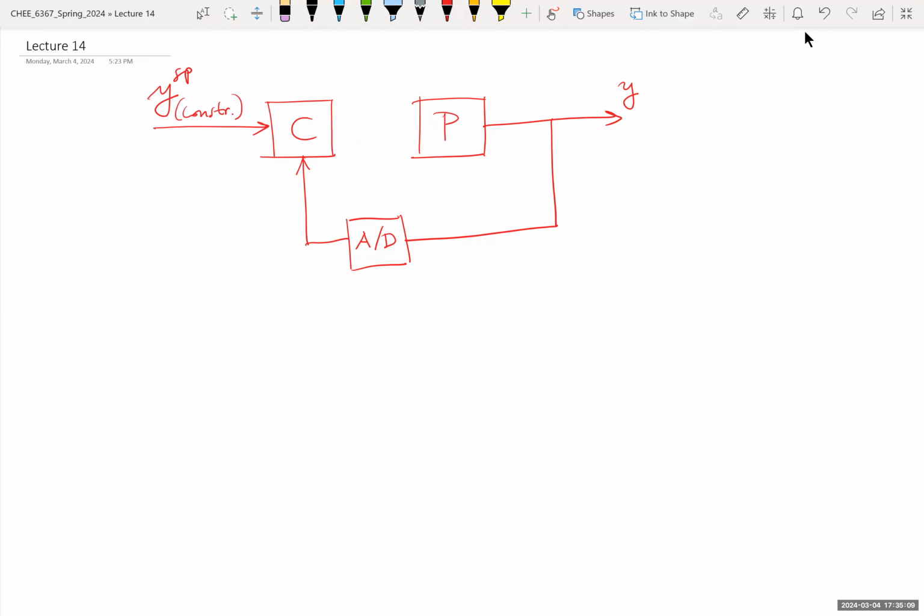And then when the controller generates a command, it's in discrete time. So we have a digital to analog converter, and that goes to our process. The process experiences the continuous time signal, and the controller understands the world in discrete time.